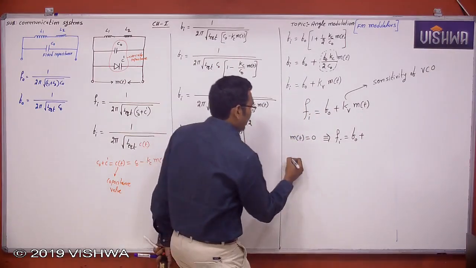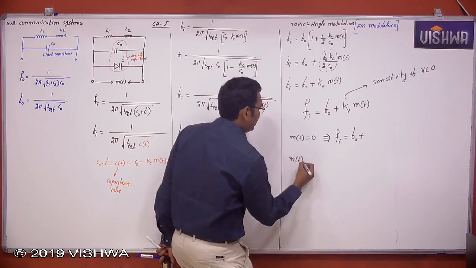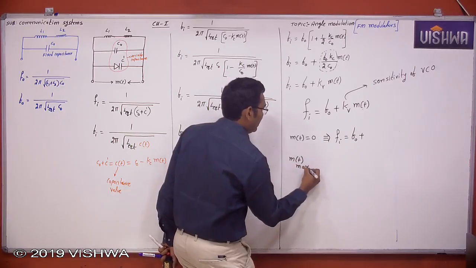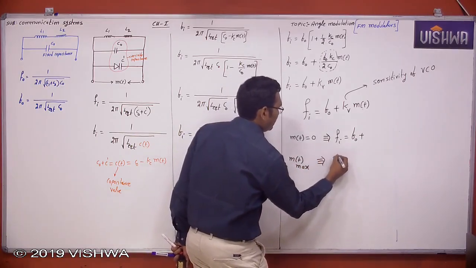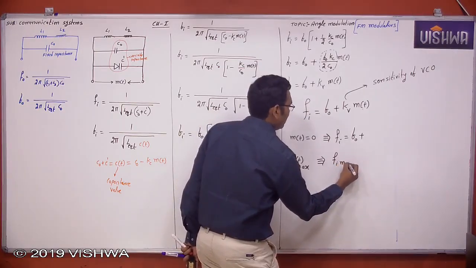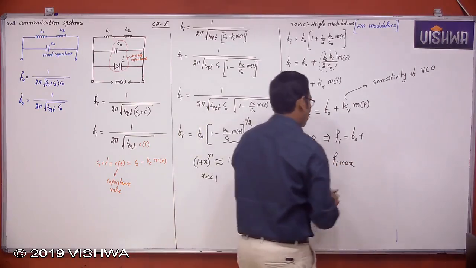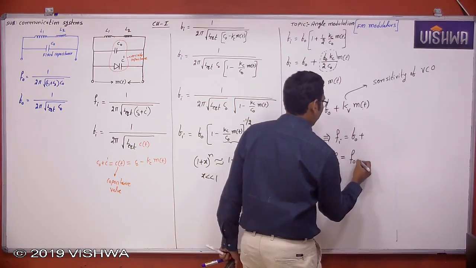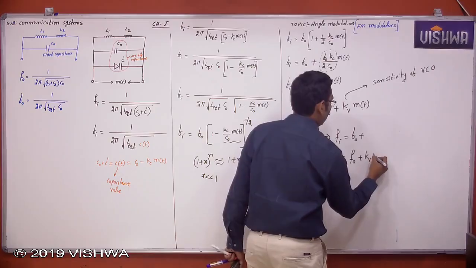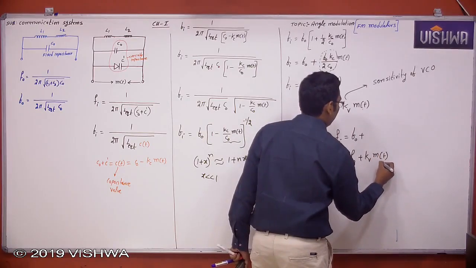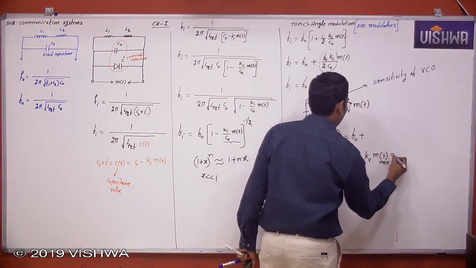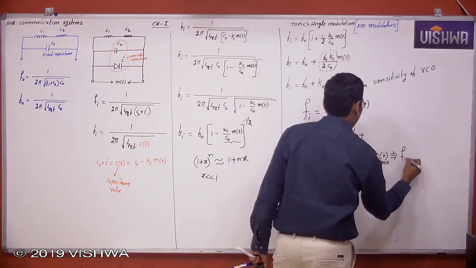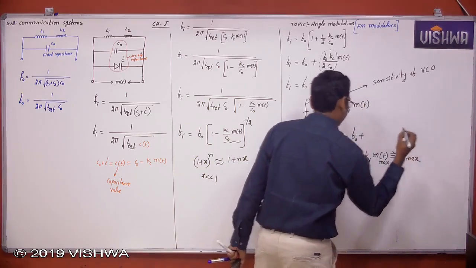But when m of t is maximum, Fi is maximum, because Fi is equal to F naught plus kV into m of t maximum, therefore you get the Fi value as maximum.